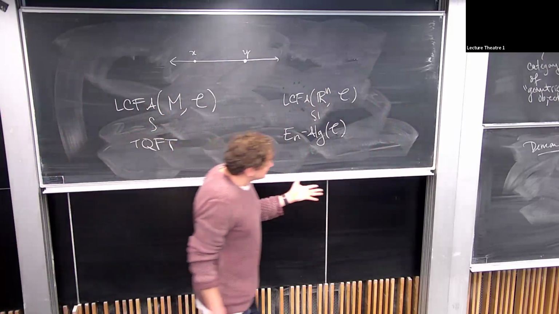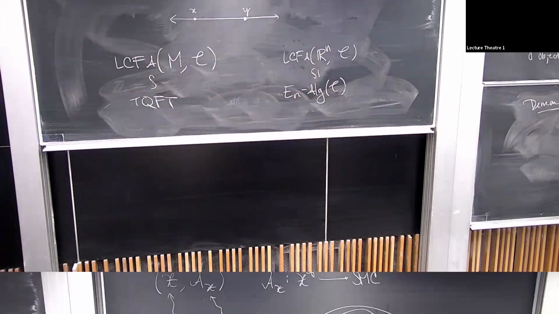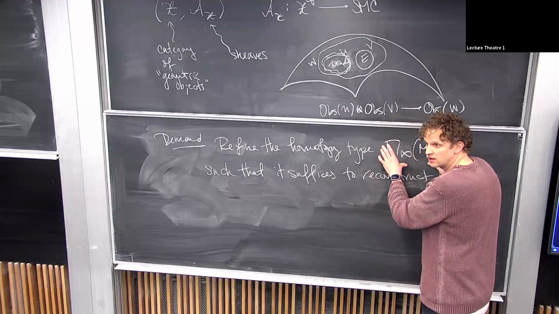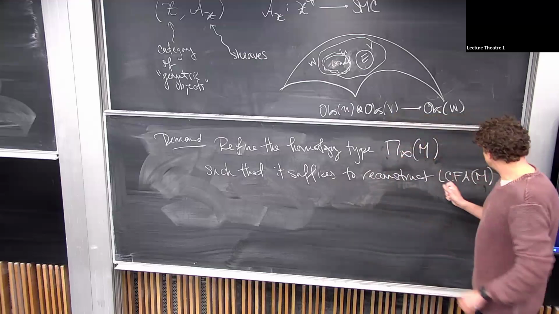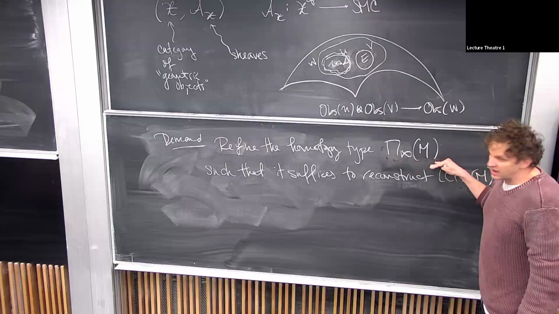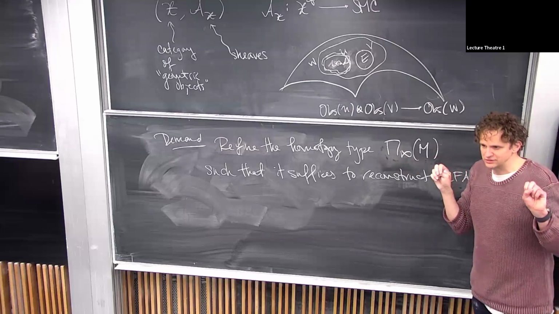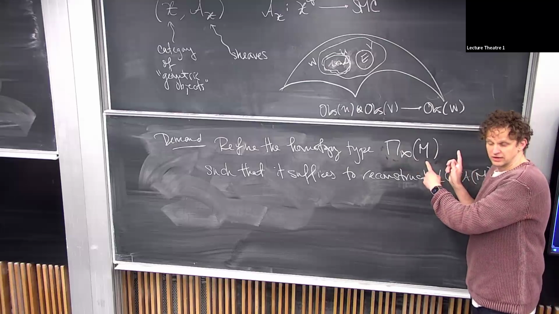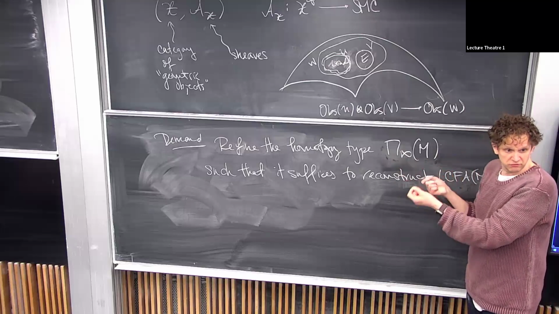So we're doing exactly the same thing here. I want to think about the homotopy type of this manifold, and I want to refine it in some way so that I can have a similar formula for locally constant factorization algebras. So I've got an object which I want to consider as vaguely geometric. This is really vaguely geometric now, right? I mean, I don't even notice that there are two different points on the real line.